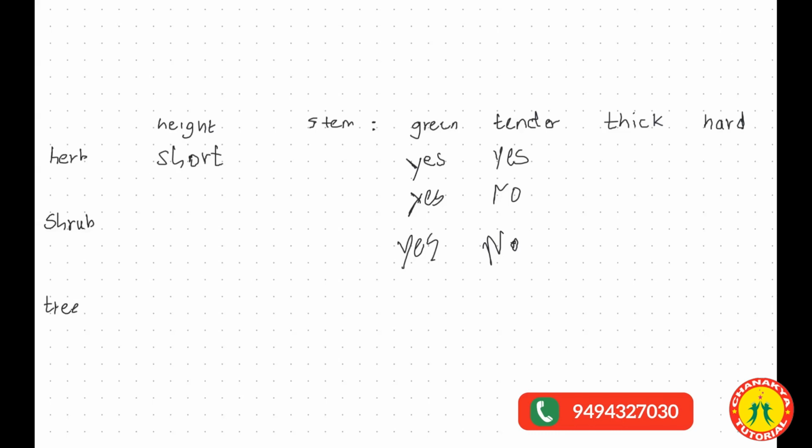I've clearly given the definition. They are in the base of the shrubs. So you can see how strong they are, that base of stem is holding all the bushy leaves on top. So they are hard. They're stronger. So it is a yes.